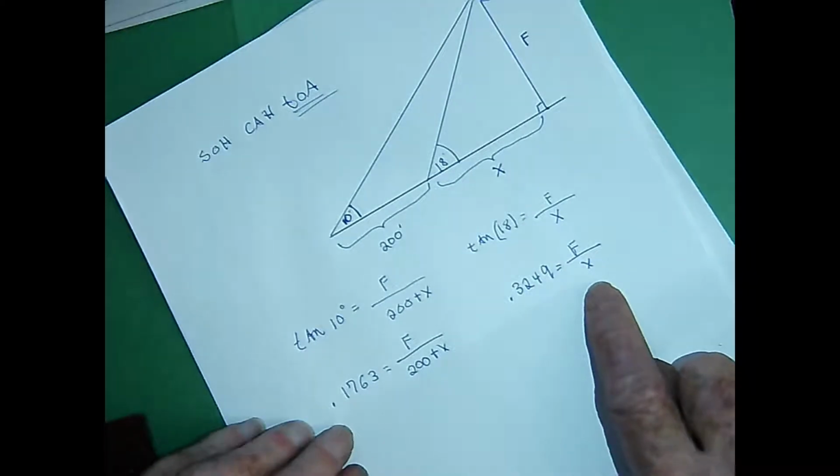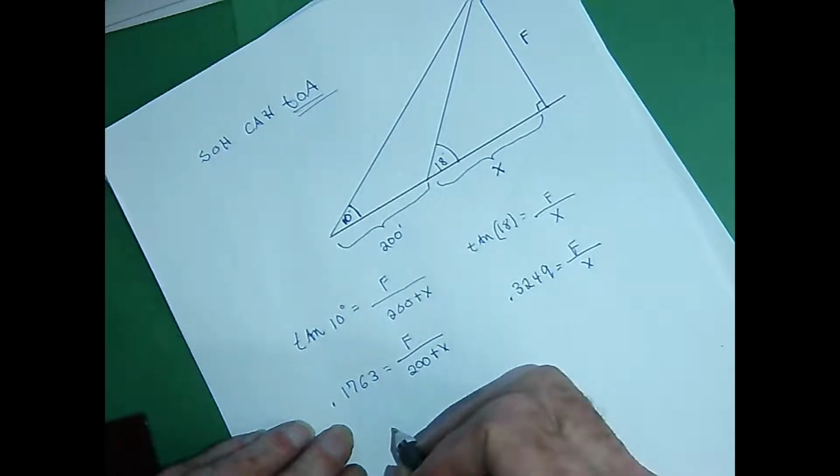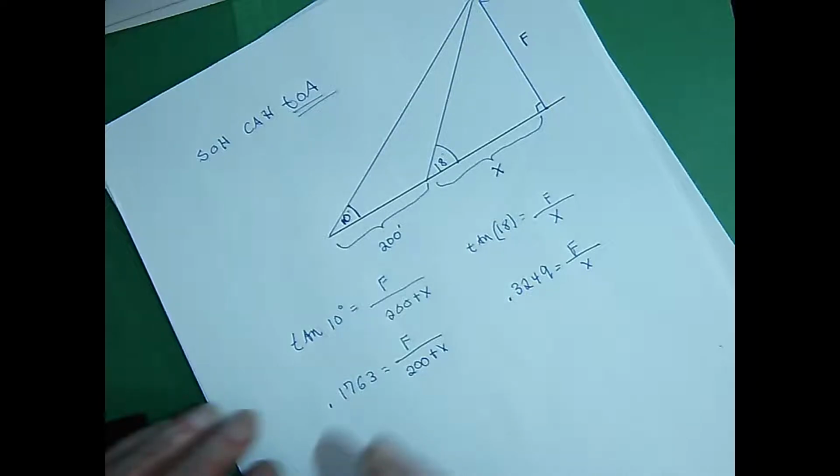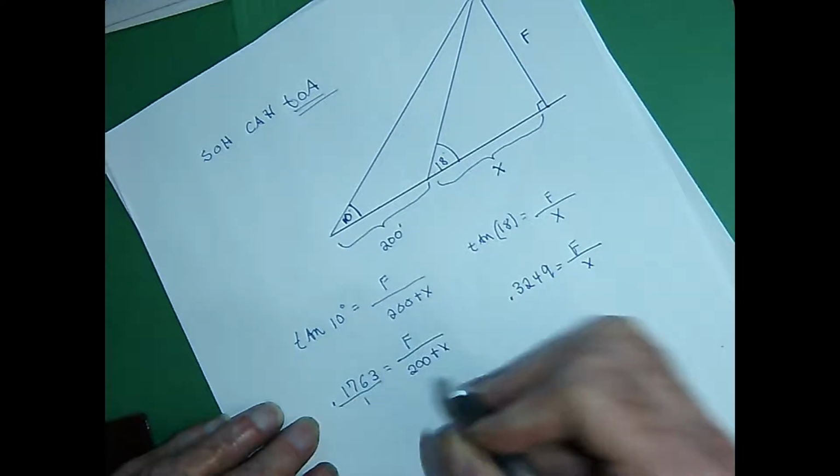So now, I can cross multiply here, couldn't I? That's what I'll do. Let's put this over 1, and I'll have F times 1.